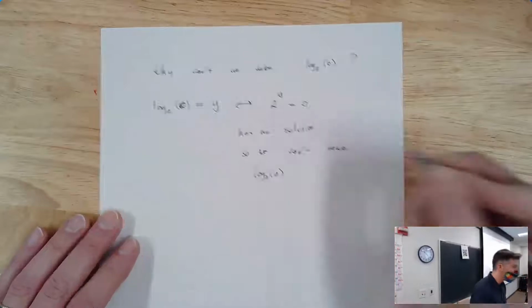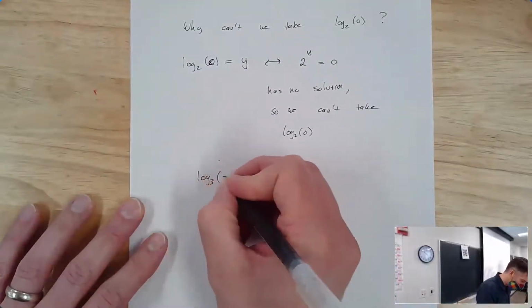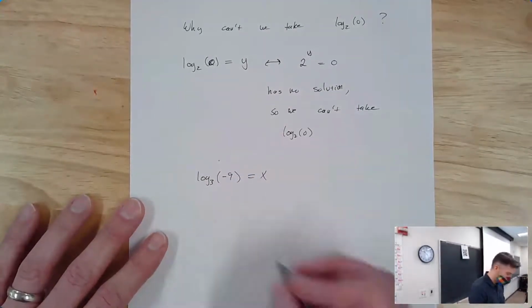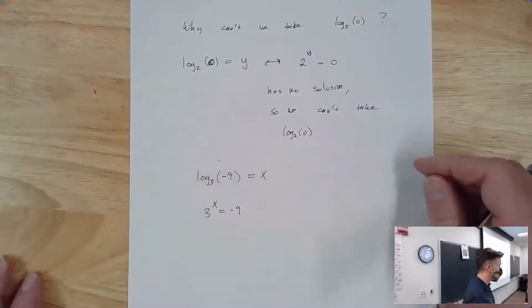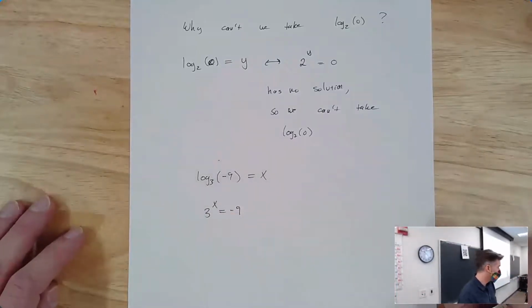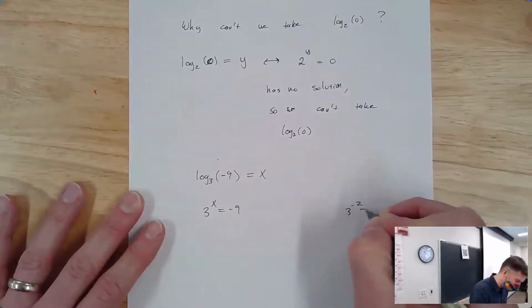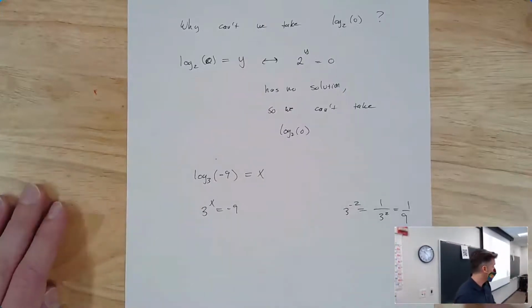And the same is true for a negative number. If you want to take, say, log base 3 of -9 and try and solve that, it doesn't work. 3 to the x equals -9. There is no power on x that makes it equal to a negative number. You might be thinking, James, it could be -2. And I would tell you that 3 to the -2 is 1 over 3 squared, which is 1 over 9, which is not -9.